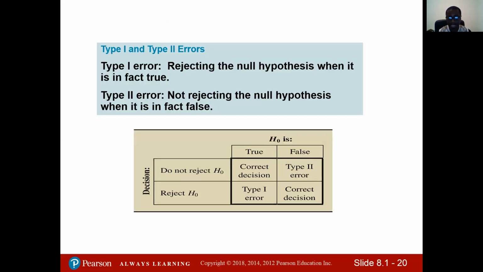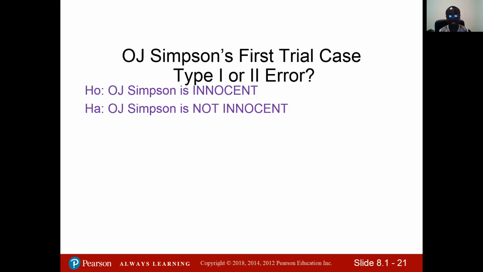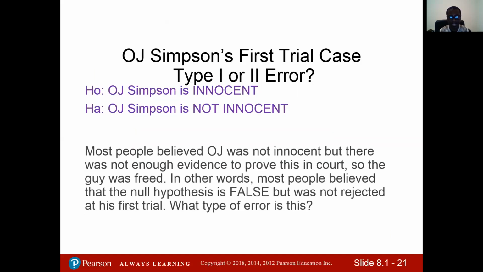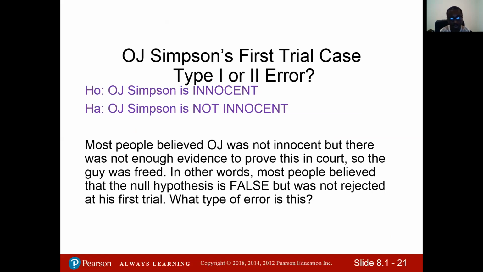Let's go back. Type 1 is when the null hypothesis is true, but we reject it. Type 2 is when the null hypothesis is not true, but we fail to reject it. In other words, we accept it. So this is type 2.